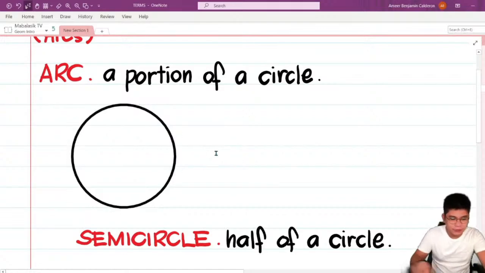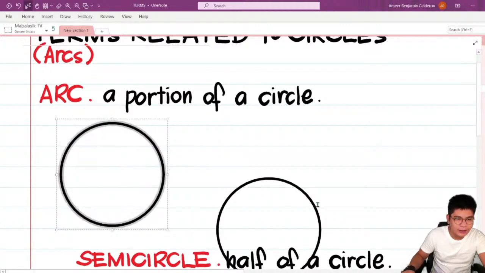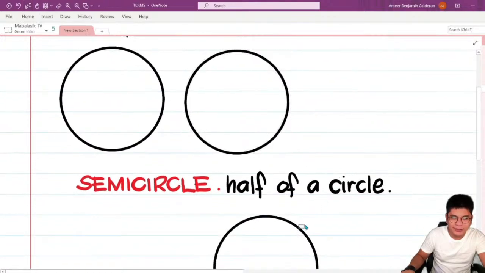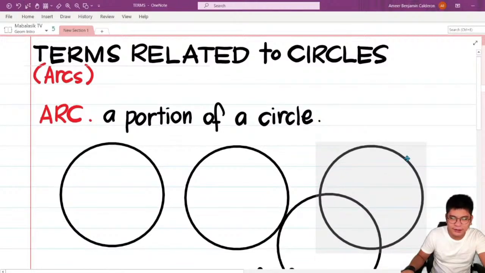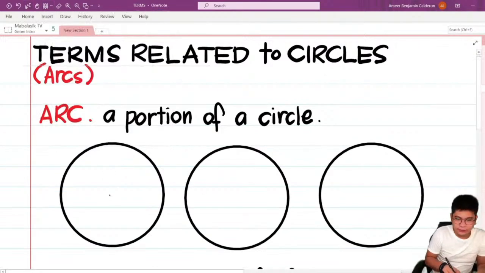So, copy ko na lang to siguro. Paste, paste. So, this is gonna be our 3 circles. Kasi may pwedeng tatlong possibility tayo sa arc eh. Which we will discuss later. Pero drawing muna natin sila dito. Syempre, kailangan may center. So, for example, andyan yung mga center natin. An arc can be something like this. Right there.